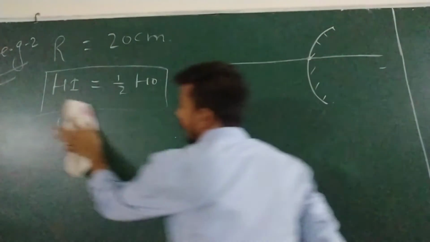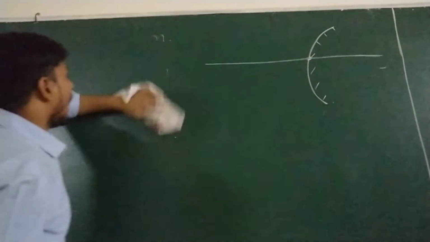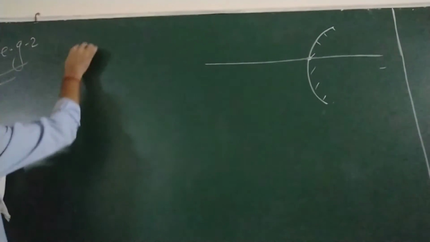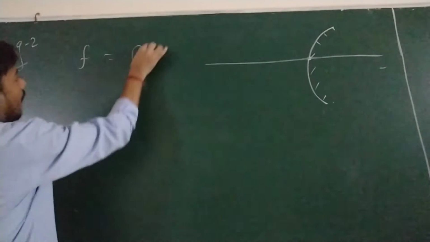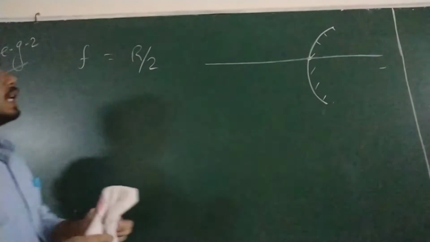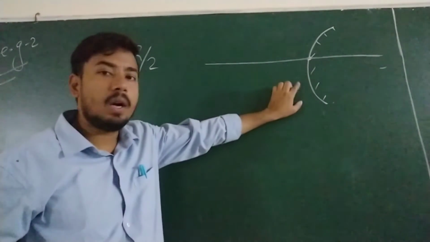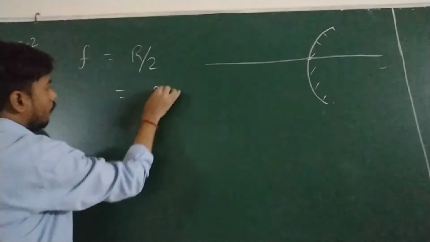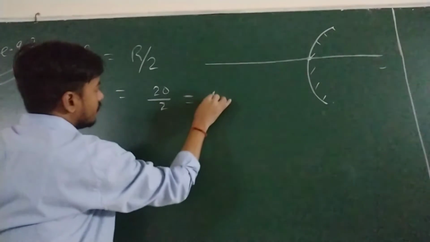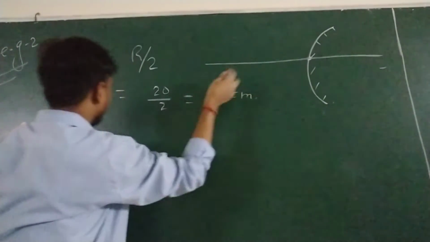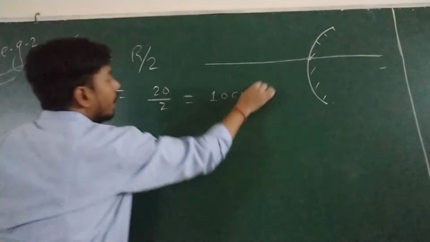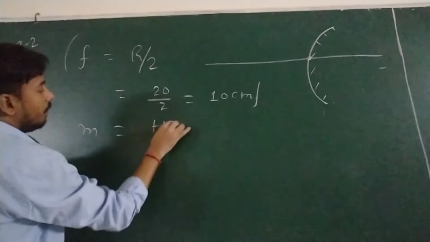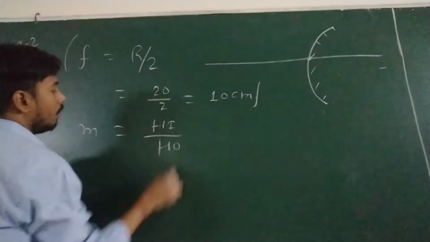First of all, R is given. So we need to calculate F. We know that F is equal to R by 2. And this is a convex mirror, so its focal length will be positive. So F becomes 20 by 2, it means 10 centimeter. Magnification M is equal to height of image divided by height of object.